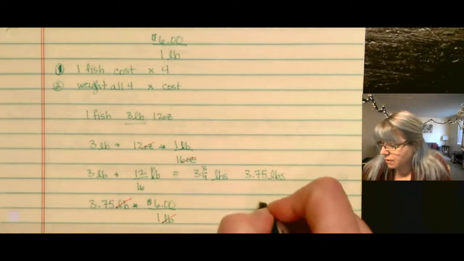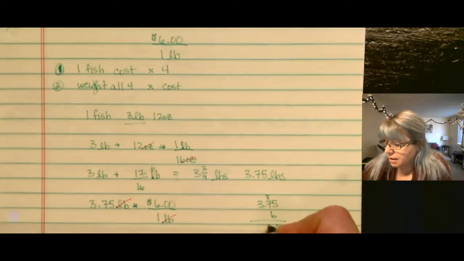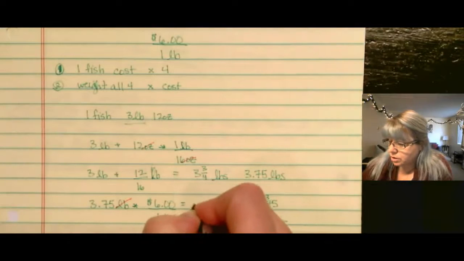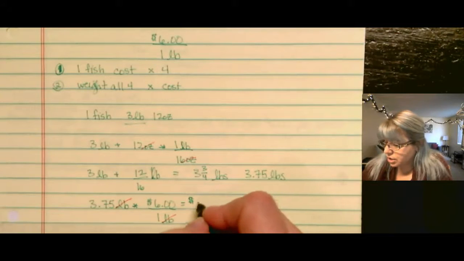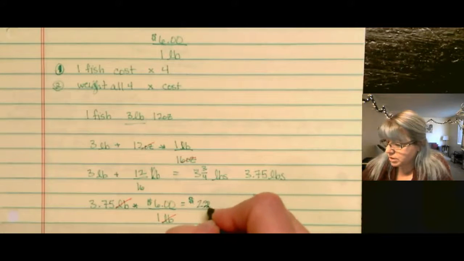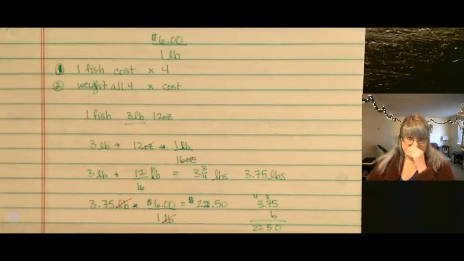And I just have to figure out 3.75 times 6. 5, 4, 18, 22. So for one fish, it's 22.50.